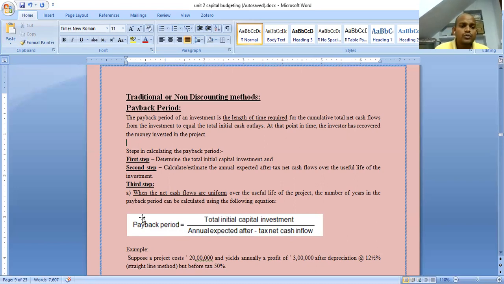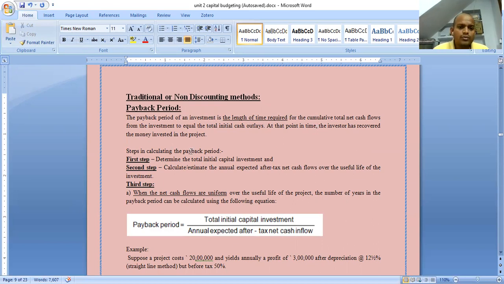The payback period of an investment is the length of time required for the cumulative total of net cash flows from the investment to equal the initial cash outlay.